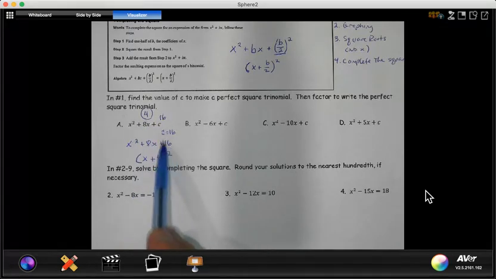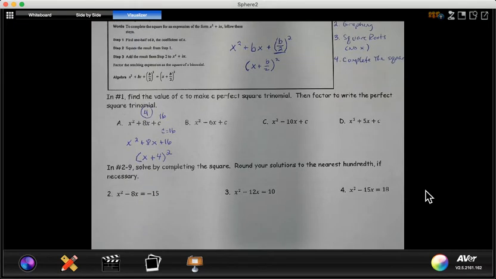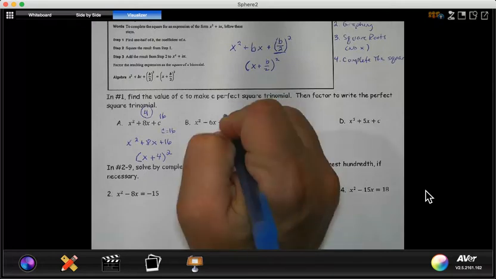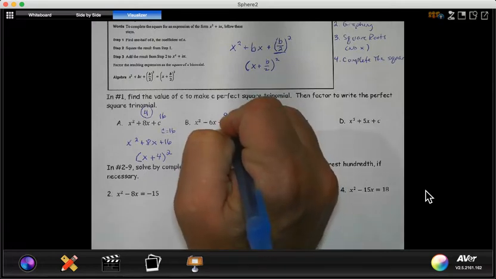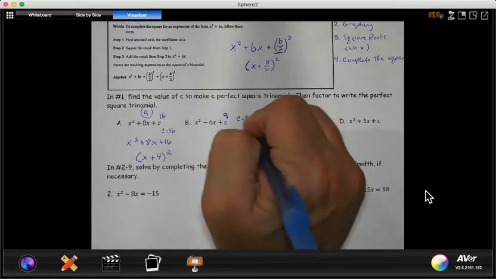That's the c value that goes in the blank, and then you factor it. It always factors into a parenthesis, and then x plus or minus that number squared. So watch. Half of 6 is 3. 3 squared is 9. So I need to put a 9 right there. That's my c value. C is 9.